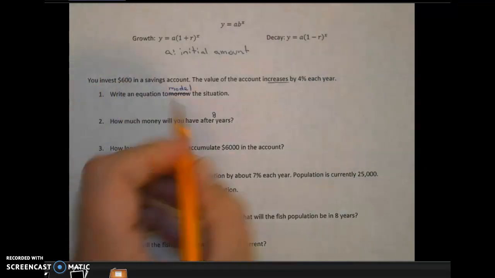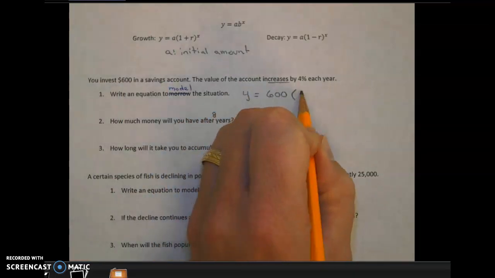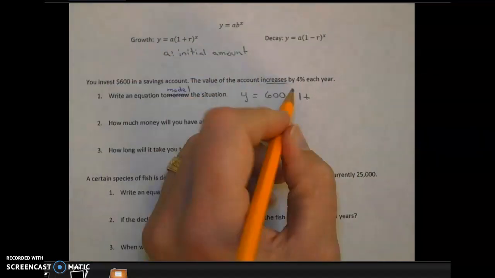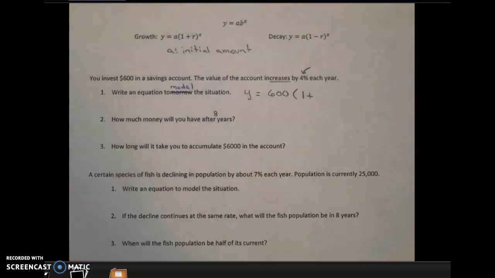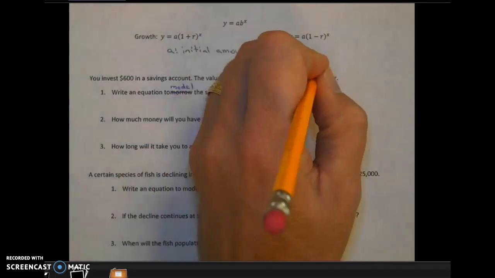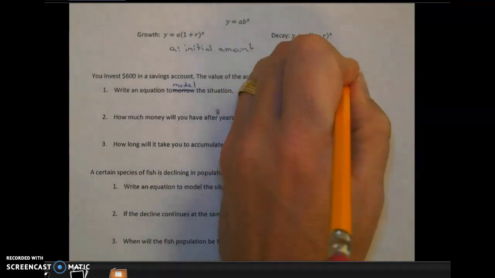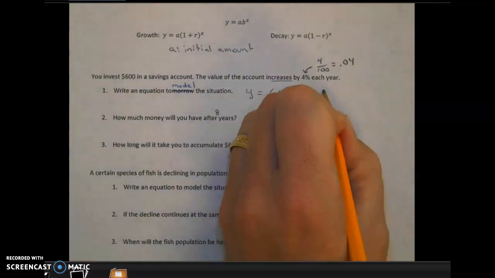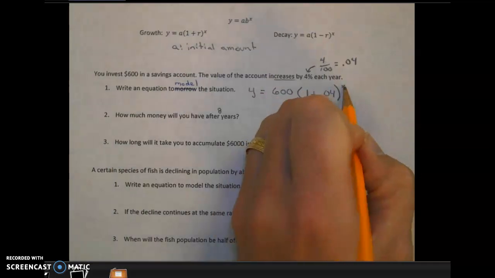That's our investment. So we'll have y equals 600 times 1 plus, and then don't forget, when you put a percent into an equation, you need to change it to a decimal. So we divide that number by 100, and we get 0.04 raised to the x power.